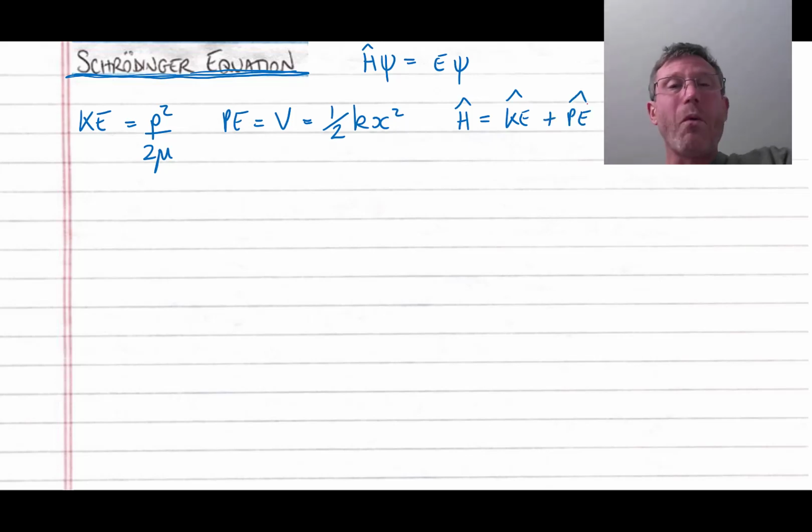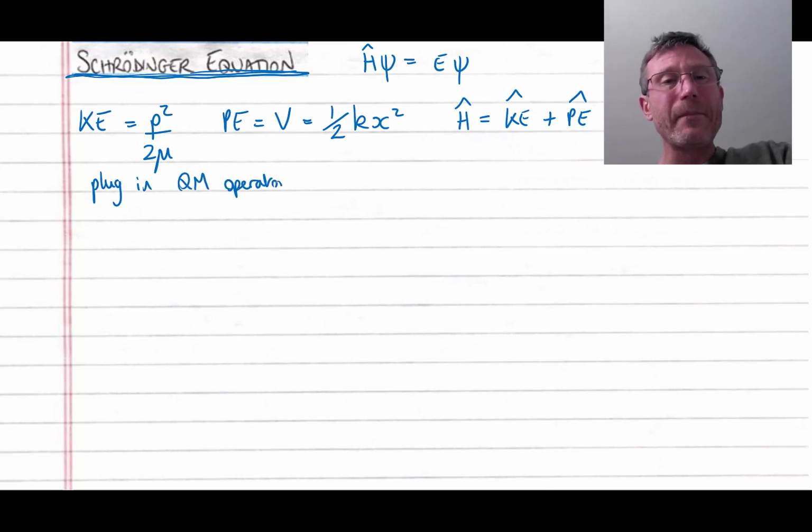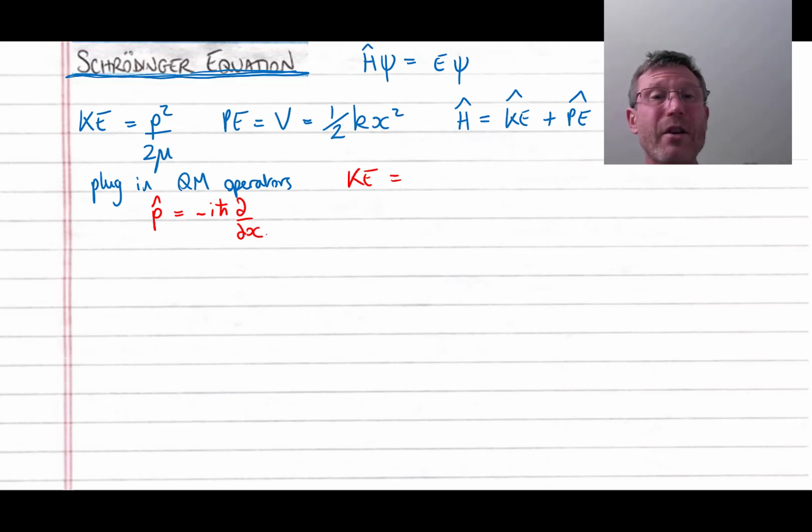So what we have to do now is plug in our quantum mechanical operators, and the kinetic energy is kind of easy. We've done that before. Remember, our momentum operator is equal to minus i h bar d by dx, as we're working in the x direction right now.